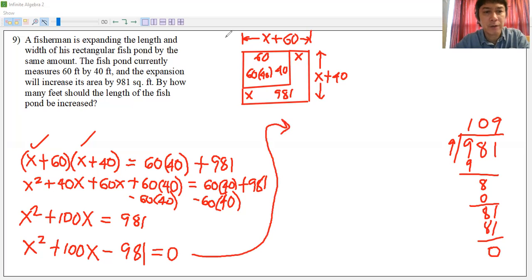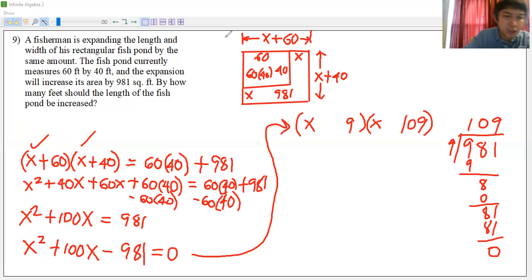That means the factors are, we will have to write it this way. This will be x and x. We will use the 109 and the 9, okay? We have here 9 and then 109. There, okay? Since this is a minus here, that means we will obtain the 100 by subtracting the factors.